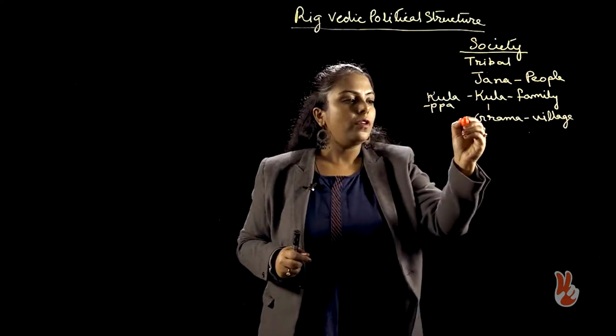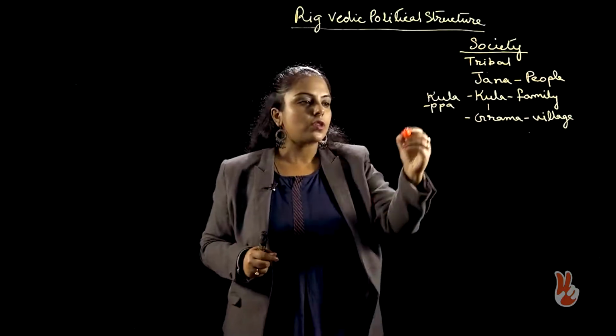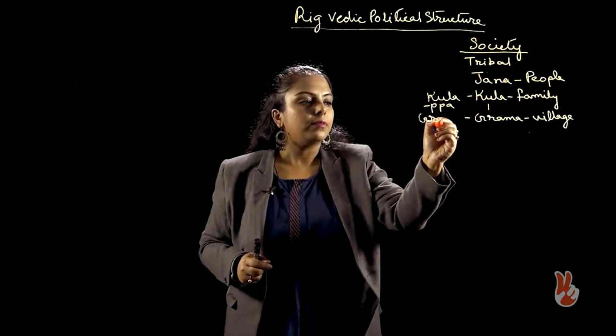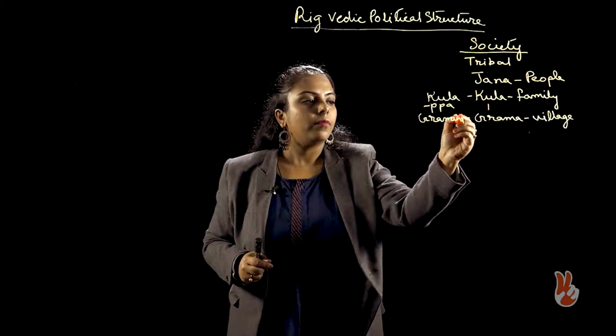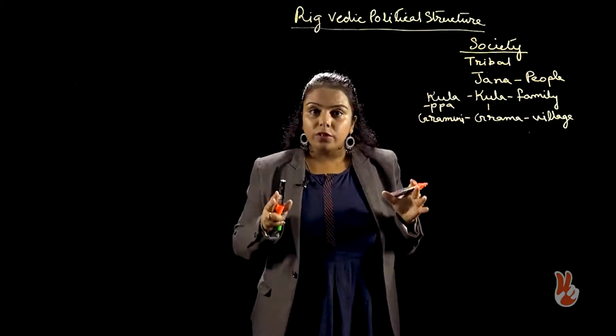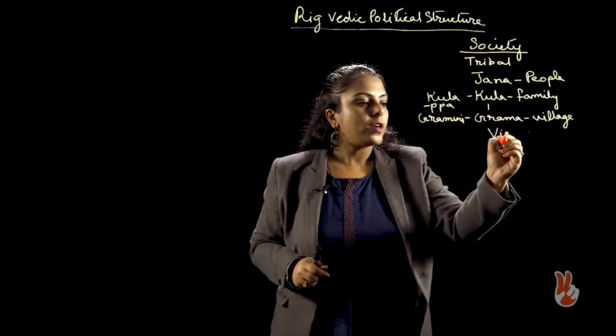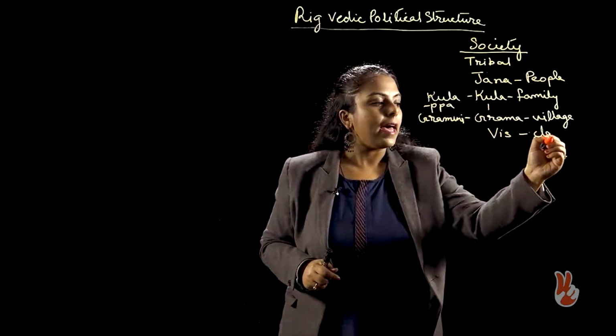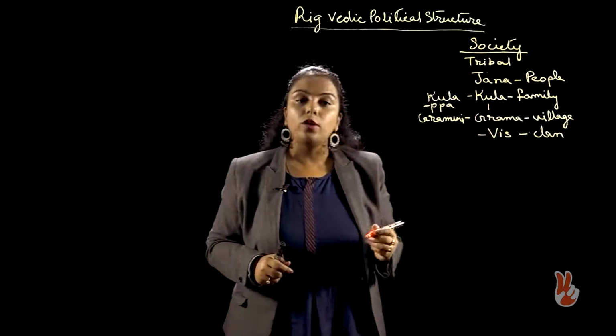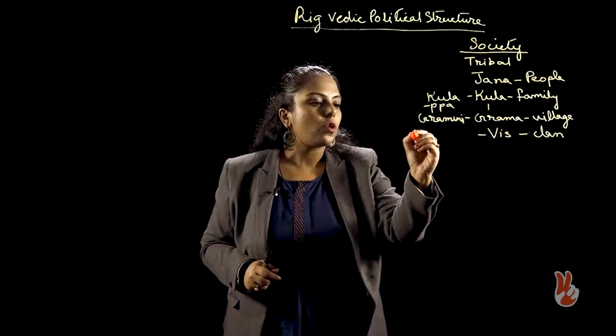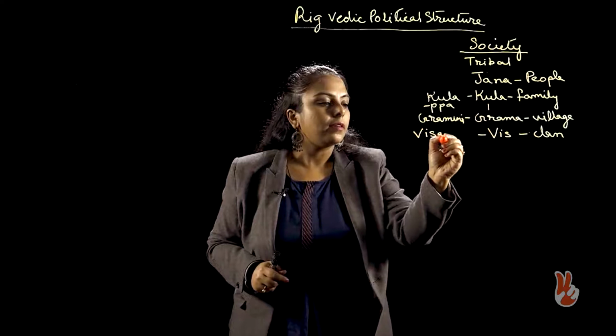Who was the head of the village? The head of the village was called Gramini. And a collection of villages made a vis. What is a vis? Vis is a clan. And who was the head of the Vis? The head of the Vis was called Visapati.